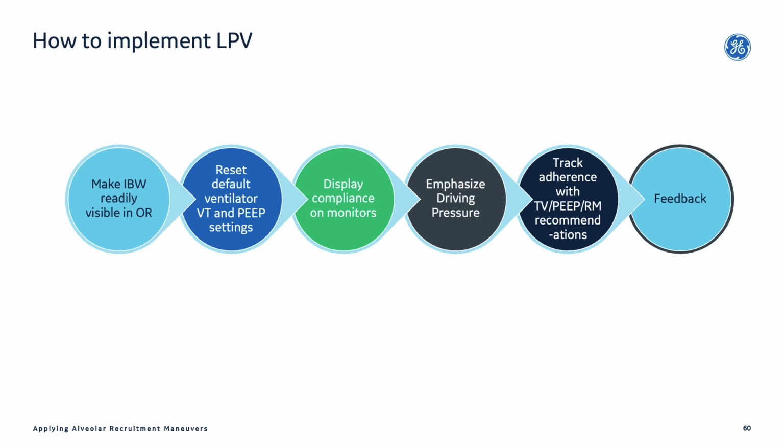Emphasizing driving pressure over things like peak or plateau airway pressures should also help in improving long-term outcomes in patients undergoing anesthesia and surgery at your institution. Finally, you can track adherence with the recommended tidal volume, PEEP, and recruitment maneuvers and provide feedback either individually or as a group.